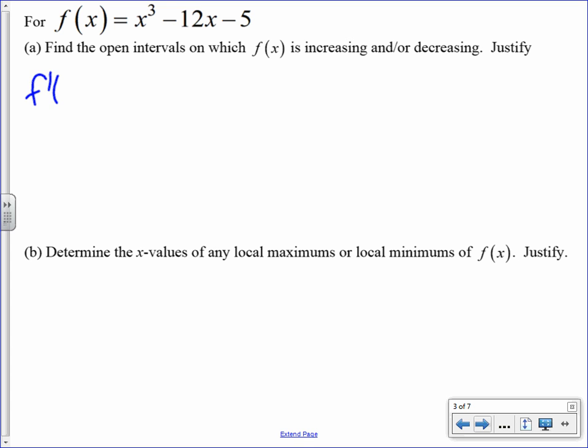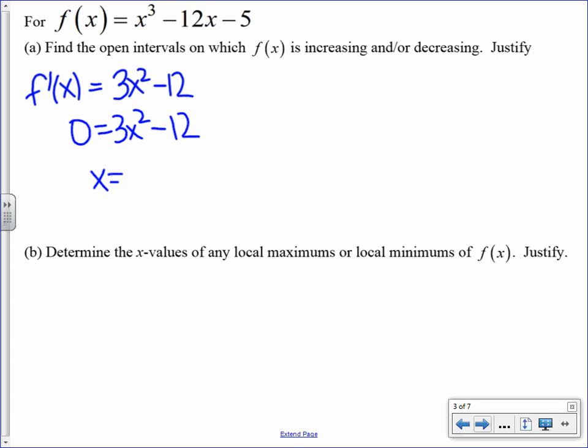Derivative. So when you see increasing or decreasing, you need to think derivative. What is the derivative? And when we set that equal to 0, what are our critical points? And then we make a number line.